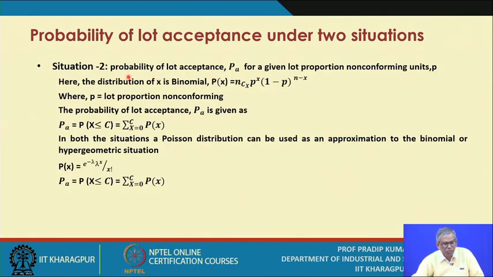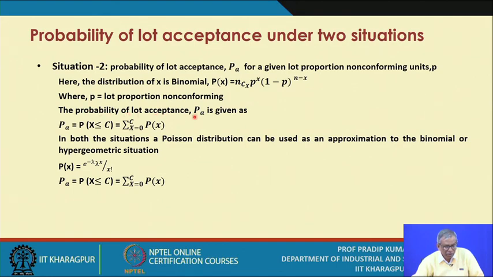Similarly, in situation 2, how do you compute the probability of lot acceptance for a given lot proportion non-conforming p? The distribution of x is assumed to be binomial, and this is the probability mass function for the binomial distribution: n choose x, p to the power x, into 1 minus p to the power n minus x, where p is the lot proportion non-conforming.